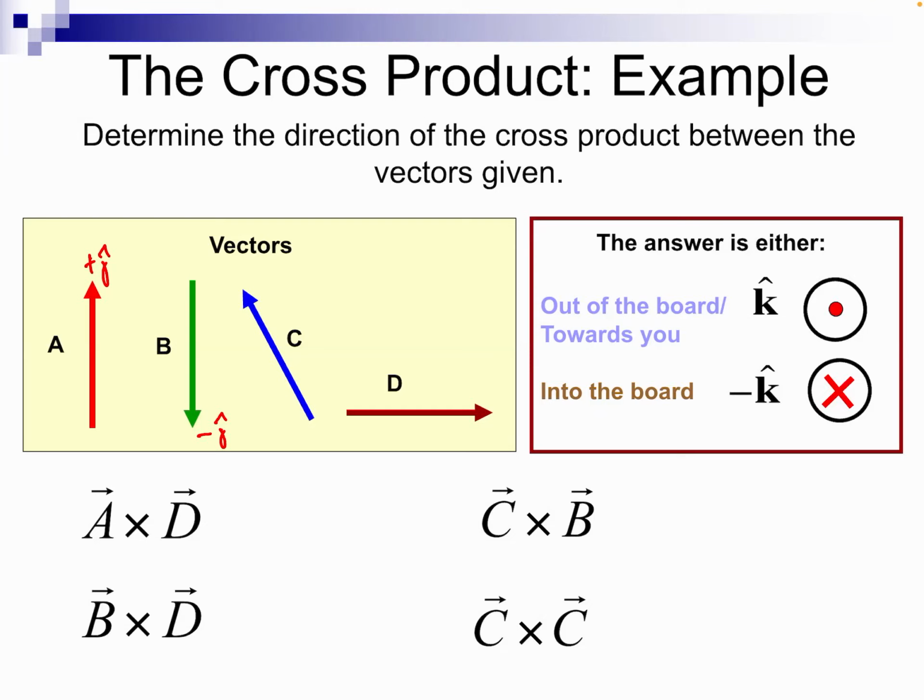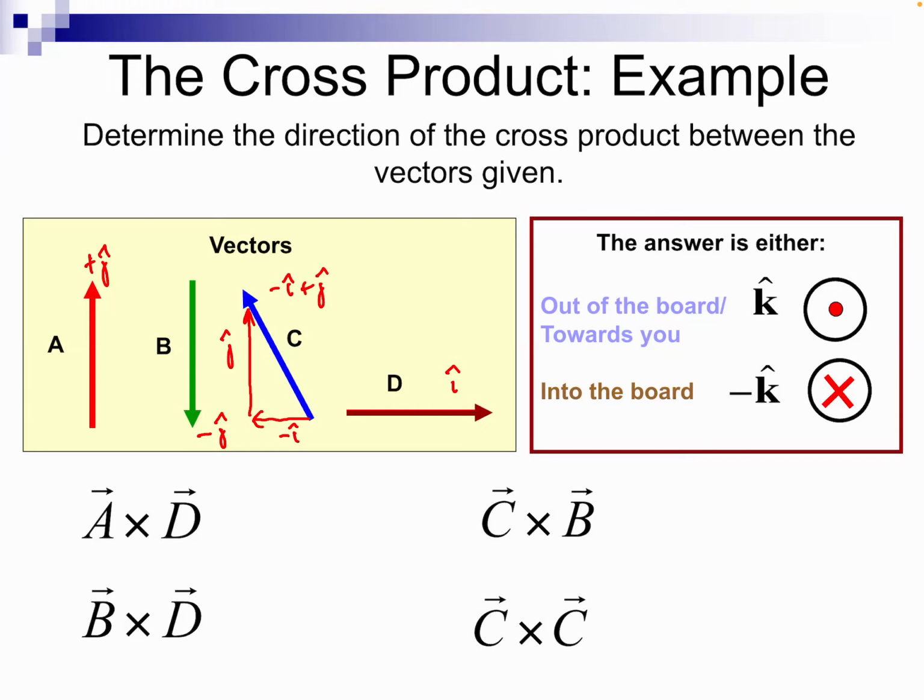Vector C will have a minus I hat component and a J hat component. So C will be minus I hat plus J hat, and vector D will be I hat.